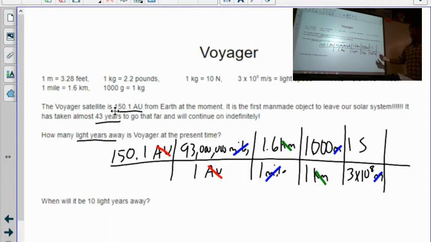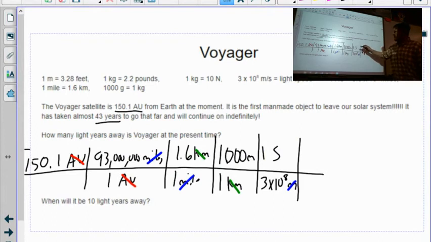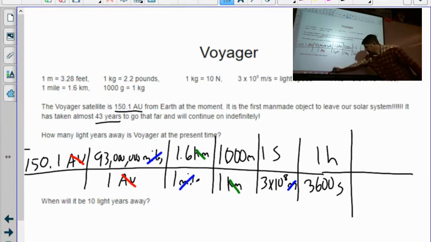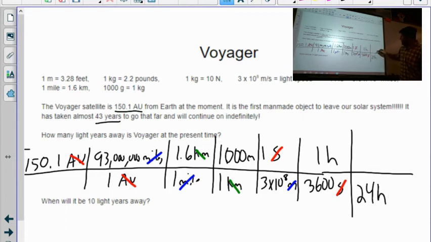I don't want to know how many light seconds it is away. I want to know light years. So I've got to go from seconds to hours. I know there are 3,600 seconds in every 1 hour. Seconds will cancel out. Then I'm going to go 24 hours per 1 day.